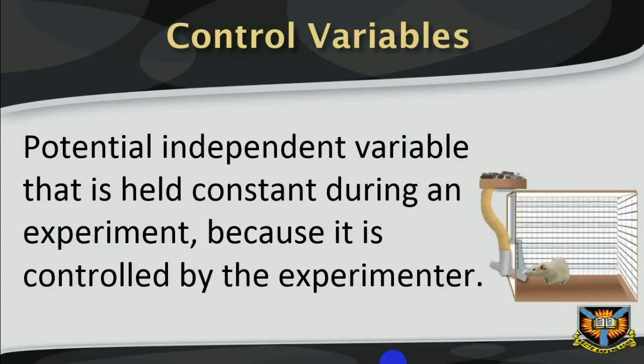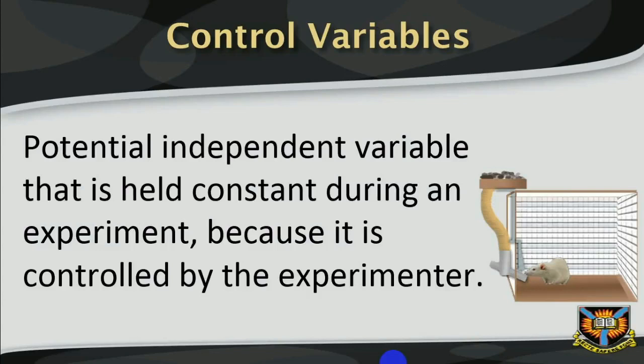Holding a variable constant is not the only way to remove extraneous variation. Statistical techniques also control extraneous variables. Holding a variable constant is the most direct experimental technique for controlling extraneous factors, so we limit our definition of control variables to only this technique.